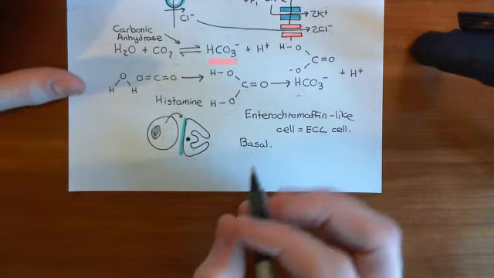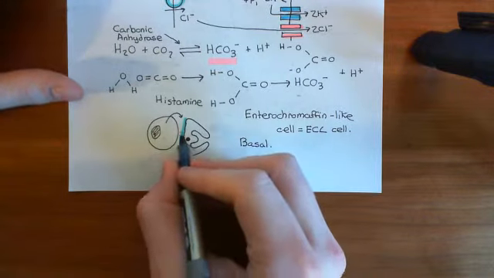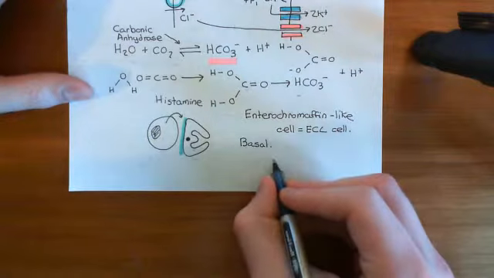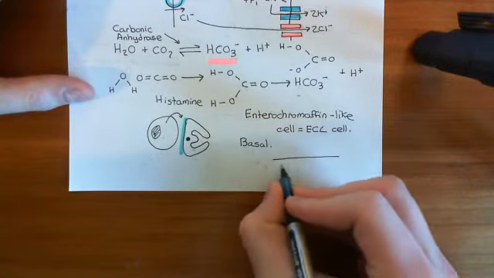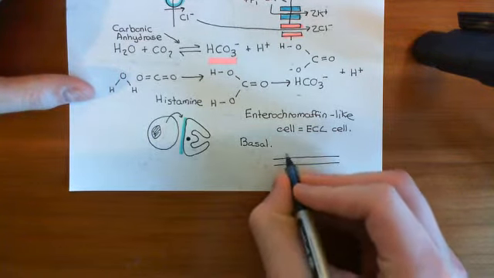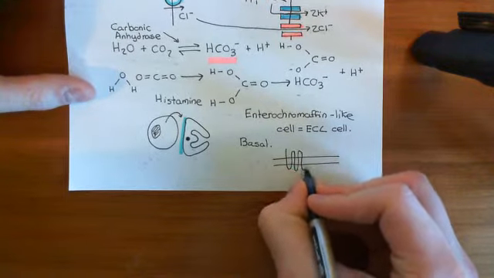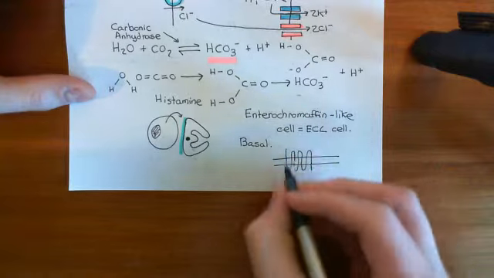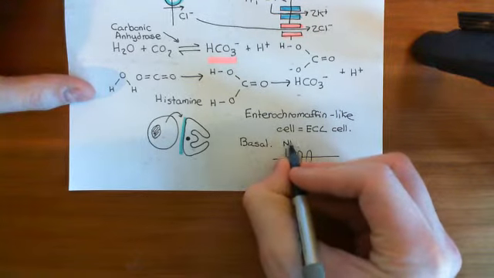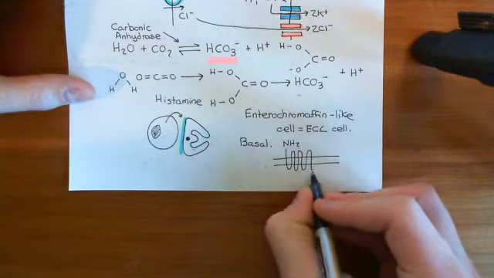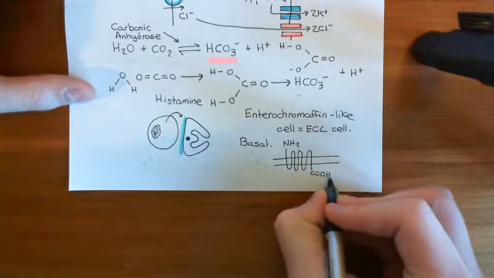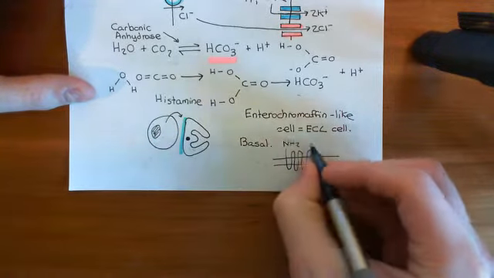Okay, so basically the parietal cells have on their surface a receptor for histamine, and this receptor is a G protein coupled receptor, and specifically it's the H2 receptor. Okay, so I'll show this here. So here are the 7 membrane-spanning alpha helices, and the amino terminus will be on the extracellular side, and the carboxylic acid terminus will be on the intracellular side.